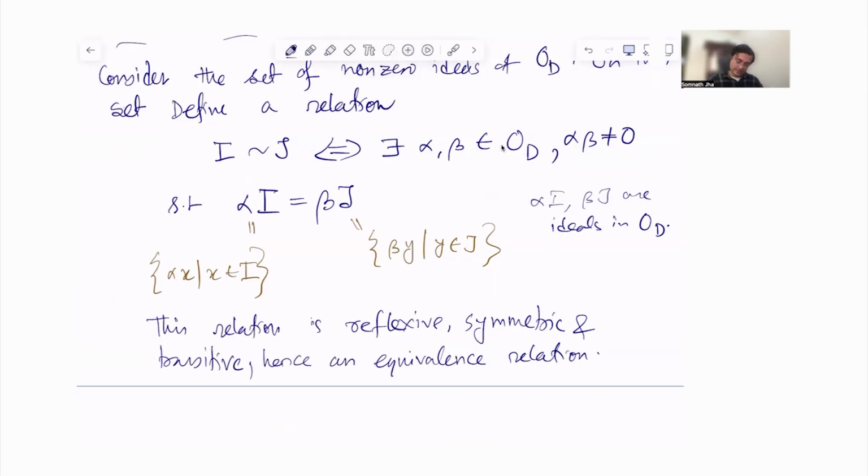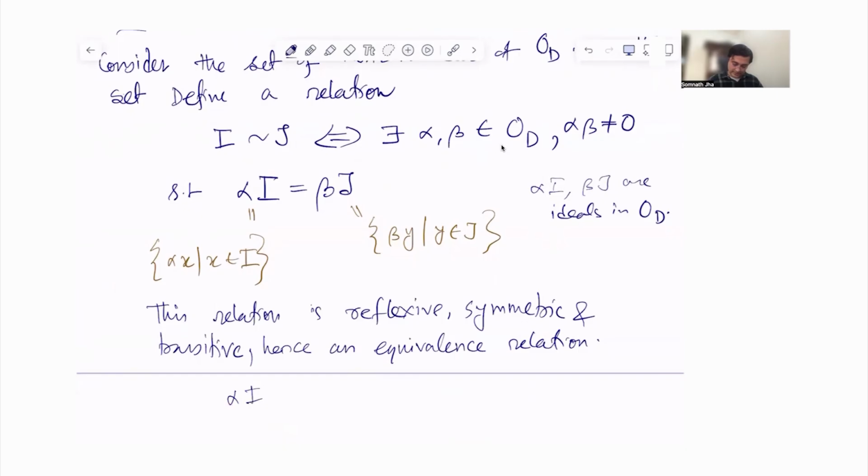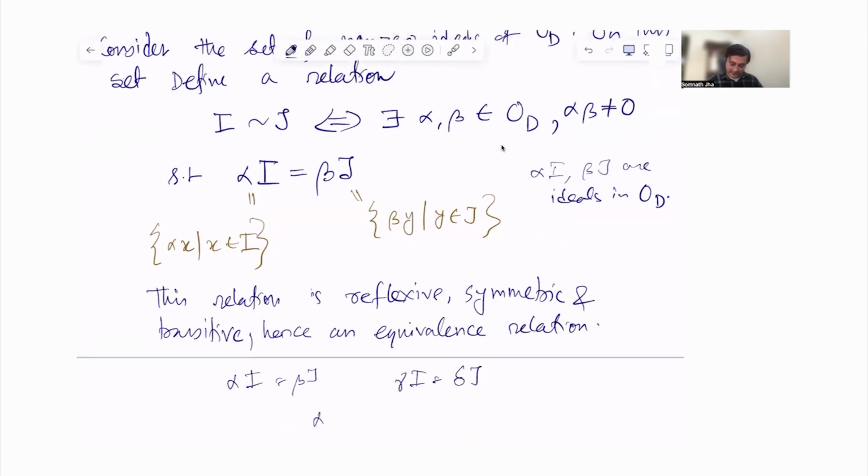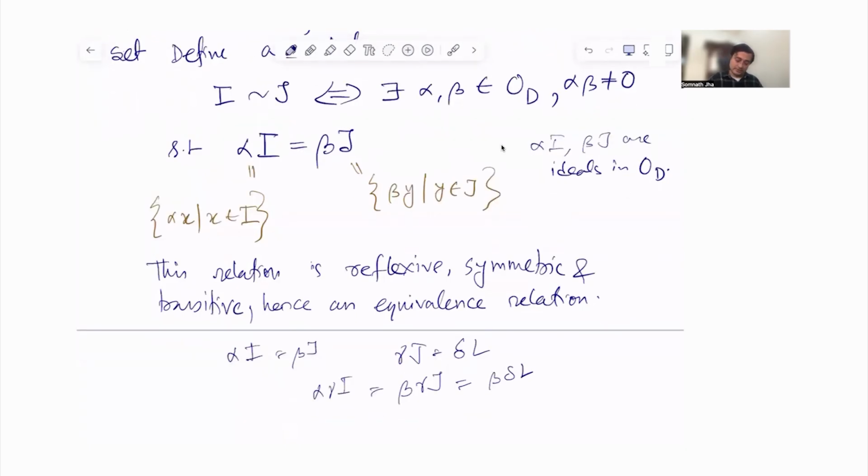Because you can easily see, if alpha I equals beta J and gamma J equals delta L, then alpha gamma I equals beta gamma J equals beta delta L. So I and L are clear, right? So it's clear that this is an equivalence relation.